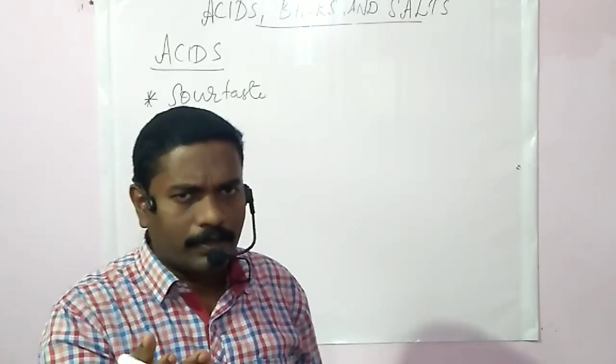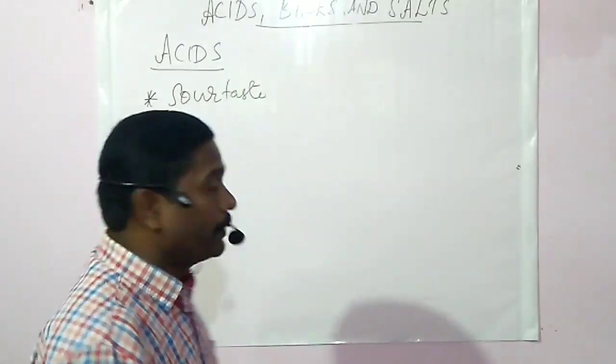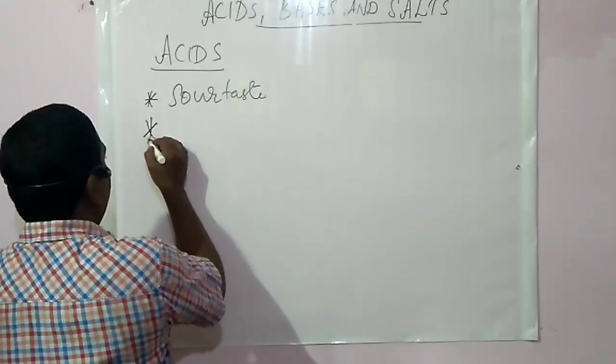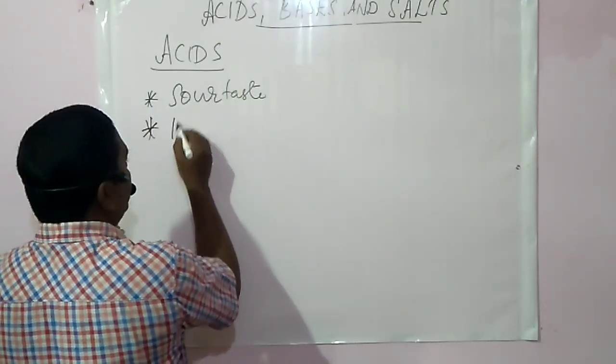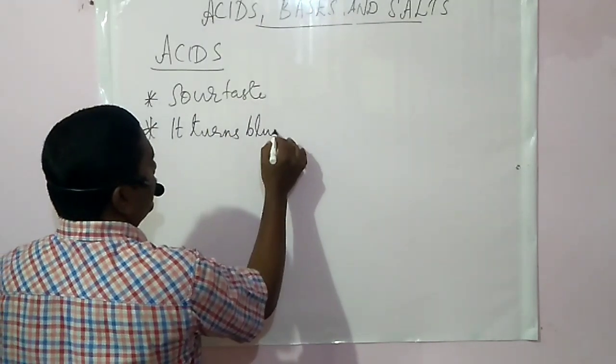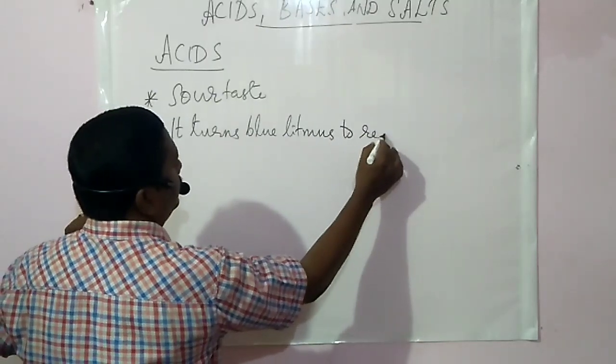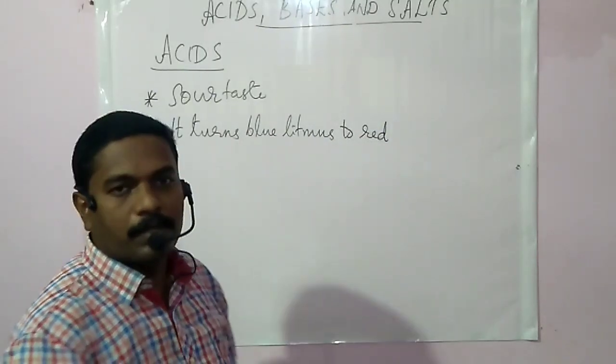And what about the color change on litmus paper? It turns blue litmus to red.